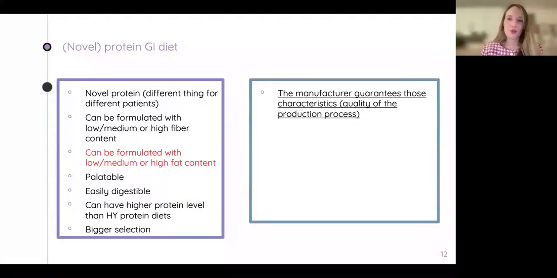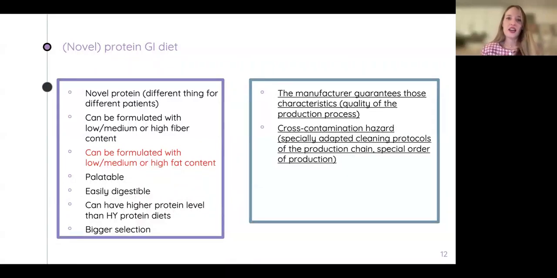Normally when it comes to manufacture, they should, or are obliged to, guarantee those characteristics with their quality of production process. That is not really easy, because if they want to achieve a diet without any cross-contamination, they should adapt their process of production, containing especially special cleaning protocols.